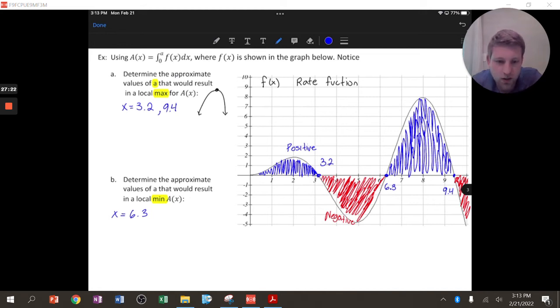So we've accumulated all the negative area that we can, and we're never going to be smaller in our accumulated area than at 6.3, going from left to right. So this is also a point on the function where we go from a negative rate to a positive rate. So if we go from a negative rate to a positive rate, that's again creating a minimum value for us. So at 6.3, we can say that accumulation function is going to be minimized.